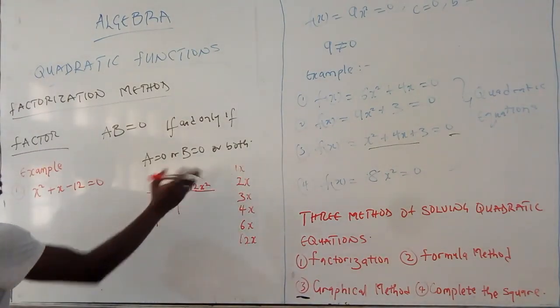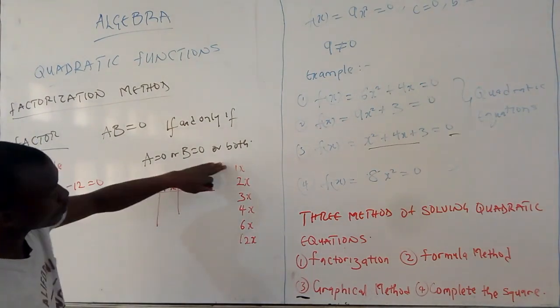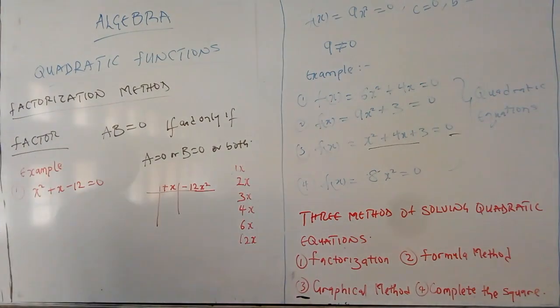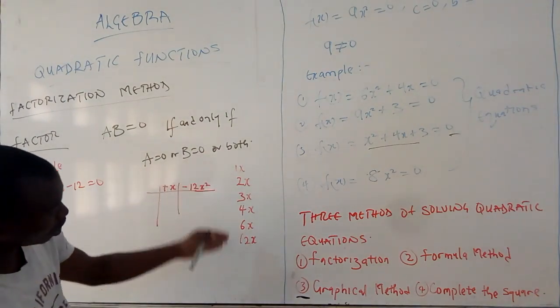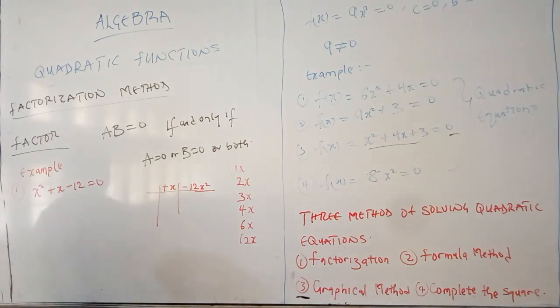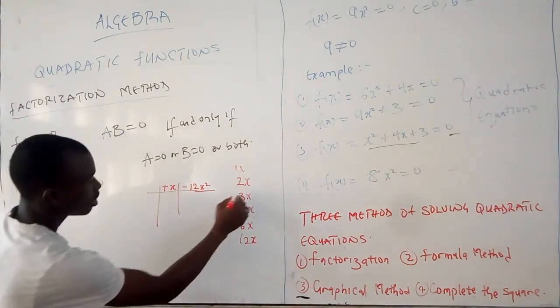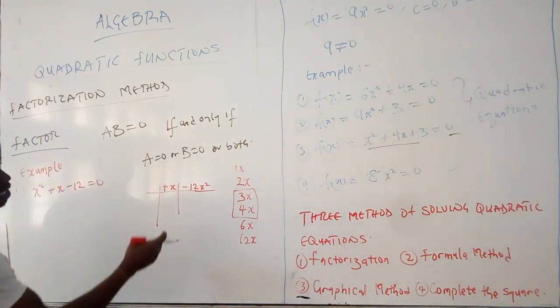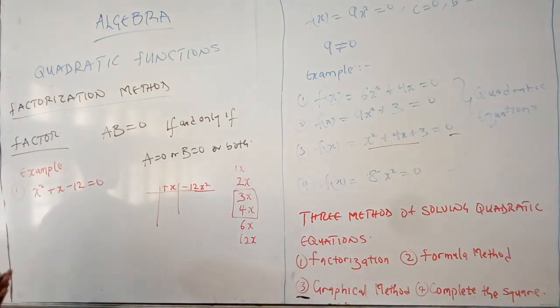But we are looking for minus 12x squared. So all of these numbers, when multiplied, give only plus x squared, and none of them, when added together, gives plus x. Then why not take these two numbers, because the difference between them is 1.